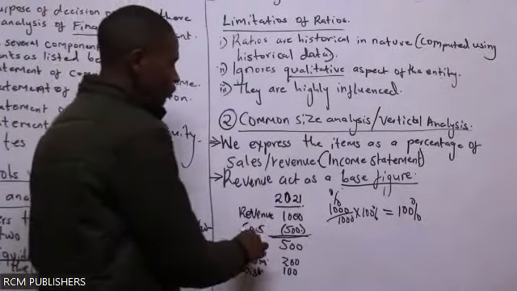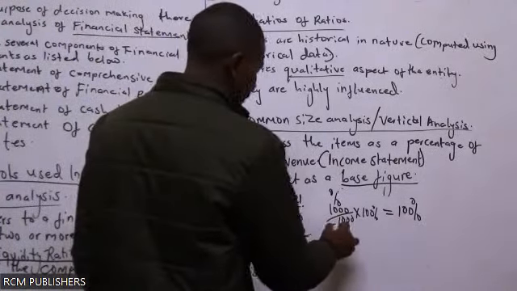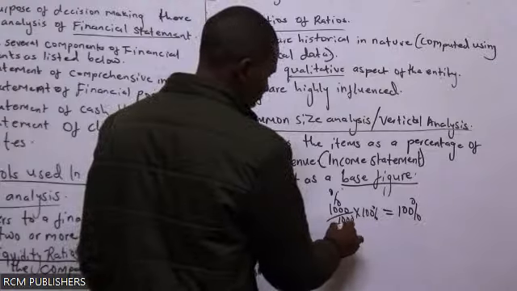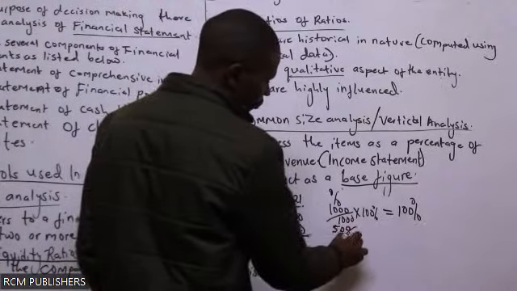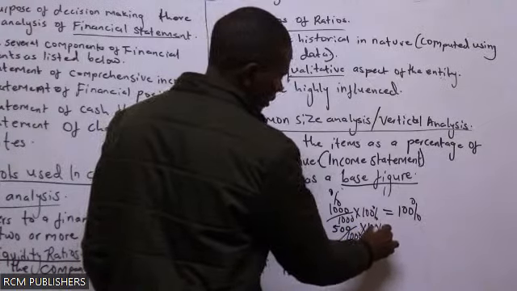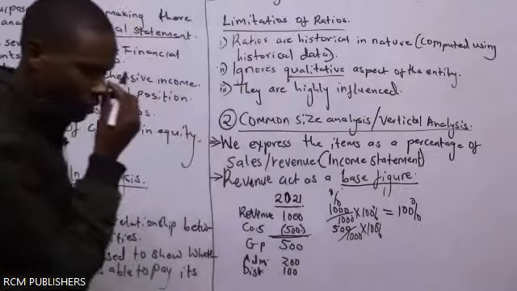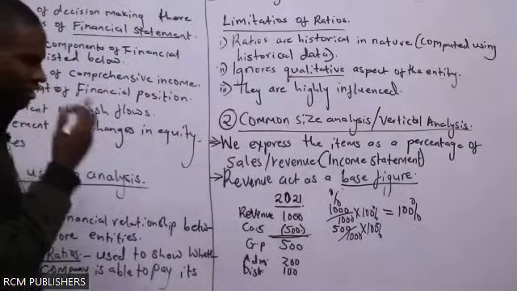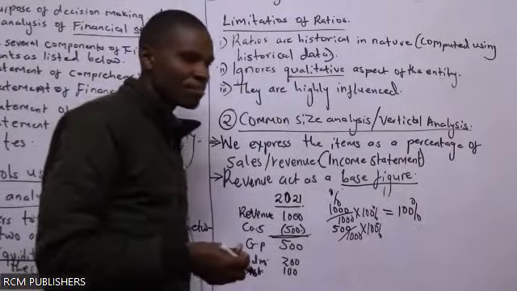What about the cost of sale? As a percentage of sale, it is 500. 1,000 is our base figure always, times 100. What about the cost of sale? 500 divided by 1,000 times 100%.